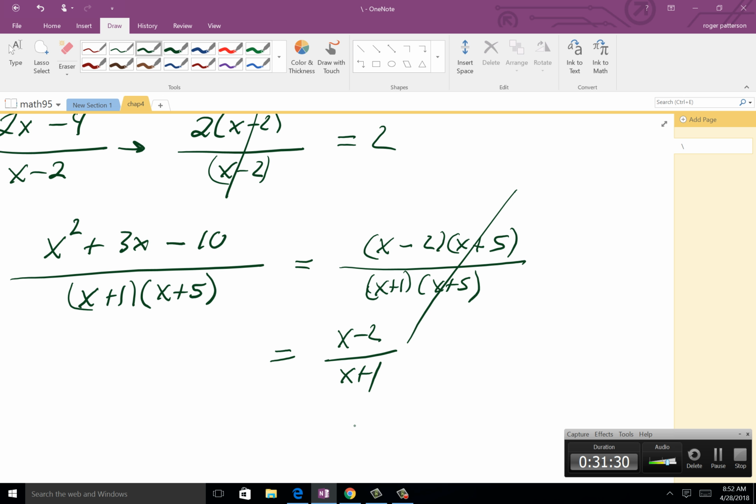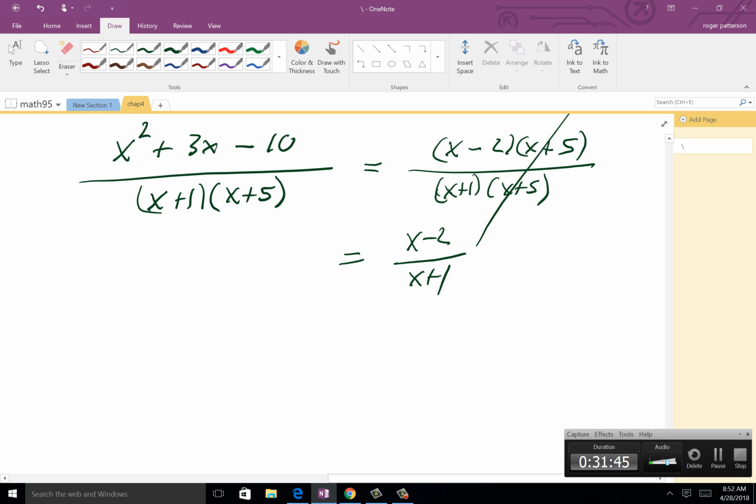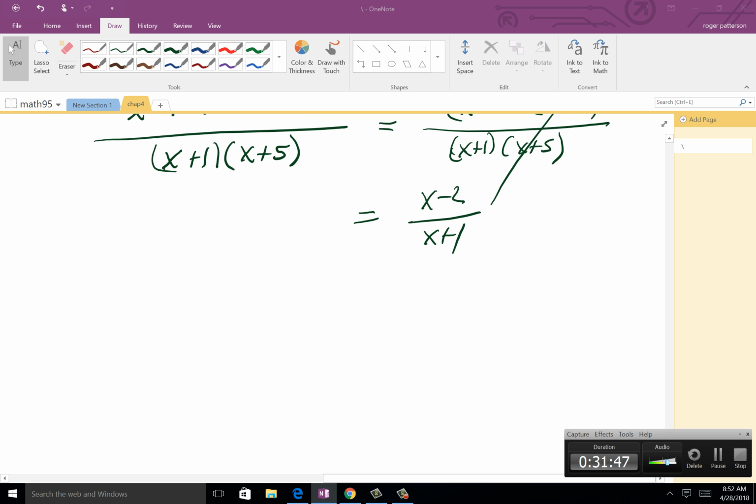Let's see if I can find some harder ones here. Let's try one like this. Now we've got stuff on the top that we have to factor, and stuff on the bottom that we have to factor.